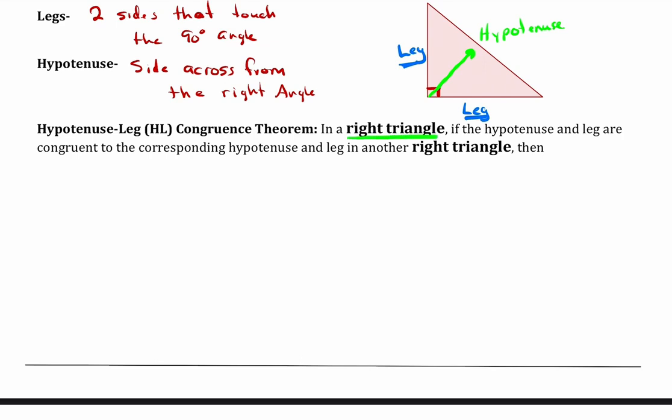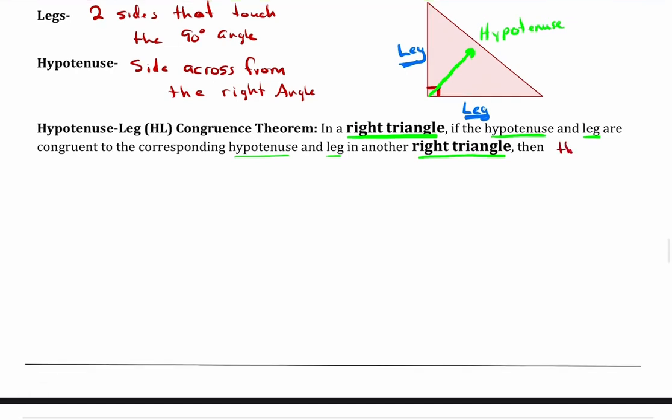And if you know the hypotenuse and the leg are congruent to the corresponding hypotenuse and leg in another right triangle, again, they both have to be right triangles, then the two triangles are congruent.